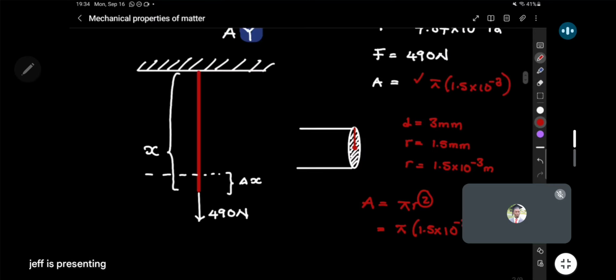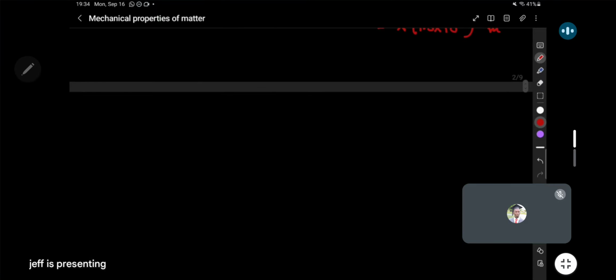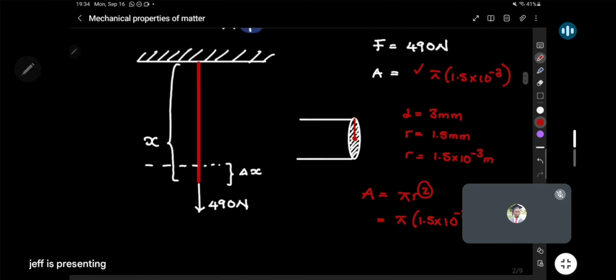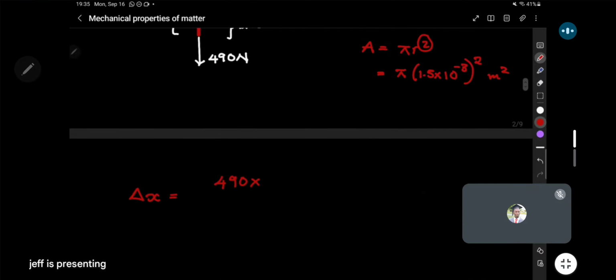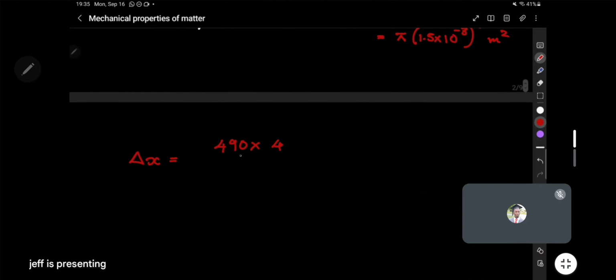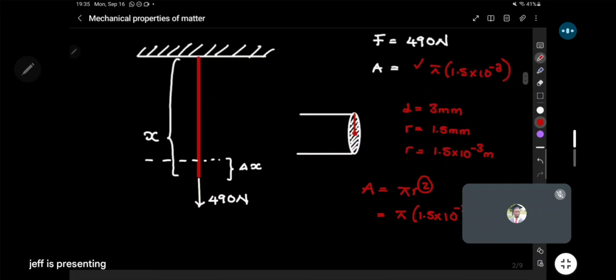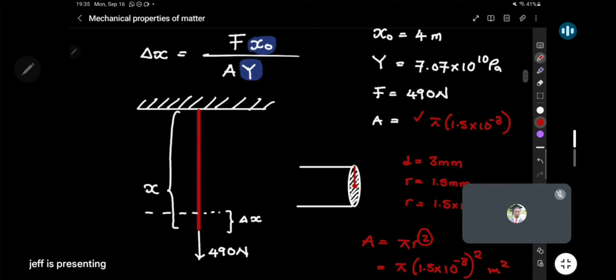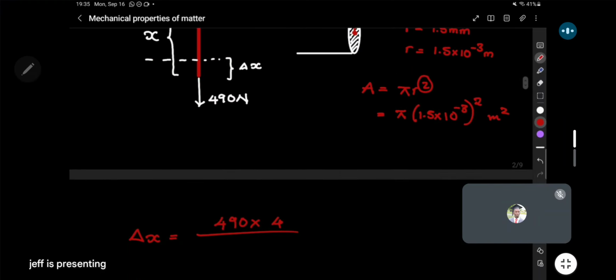Okay, so with this out of the way, we can now substitute to get our change in length. The elongation they want is the force, which we saw is just the weight of the mass, multiplying the initial length. We saw the initial length is 4 meters. Then divided by the cross-sectional area, so that's pi times 1.5 by 10 to the minus 3.